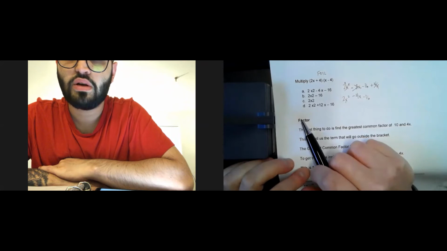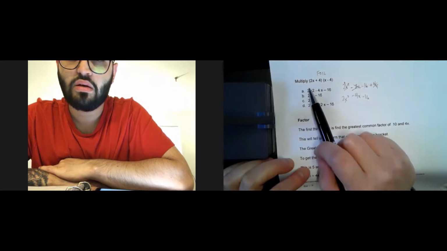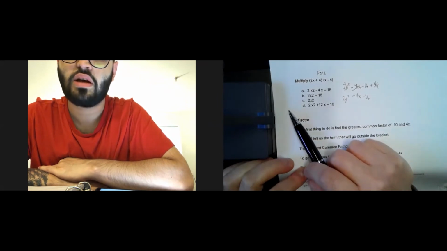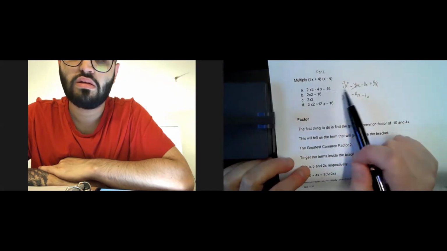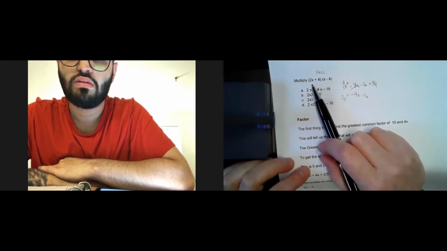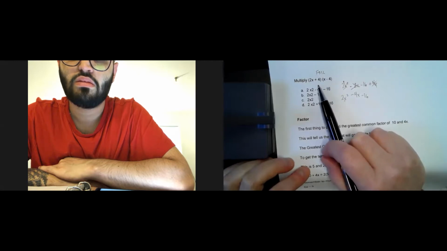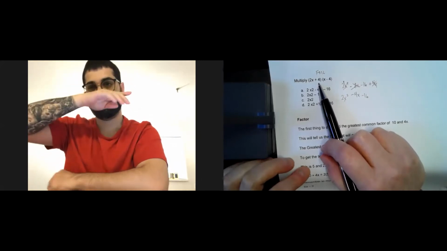So what you did was subtract 4x from the 8x. Because the 8x came from the outside numbers, 2x times negative 4, and then the inside numbers, 4x.